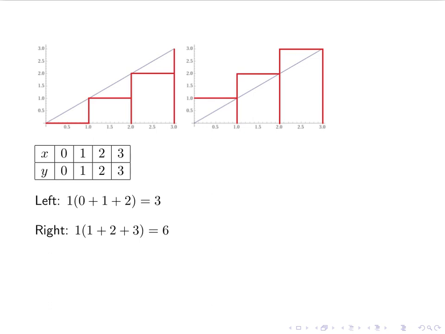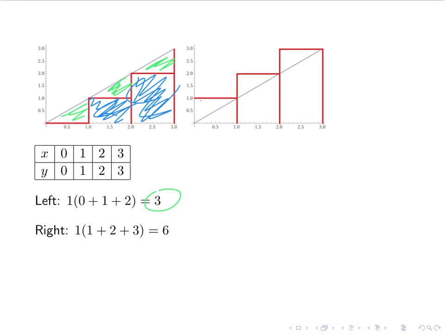And again, the correct answer should be somewhere between them. If we look at our pictures again, on my left Riemann sum, the area that I'm counting is what's shaded in blue. And that is clearly not the area under the curve. And I'm missing all of this green here. So this 3 that I have as my answer, that's an underestimate. I know my answer's got to be more than 3.